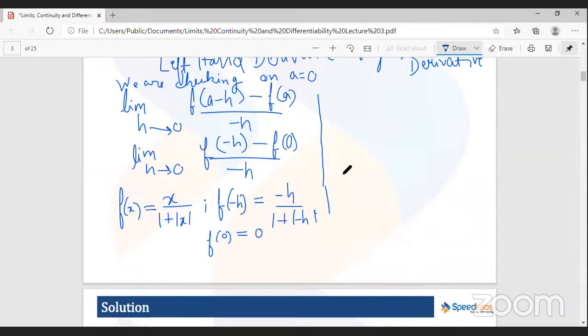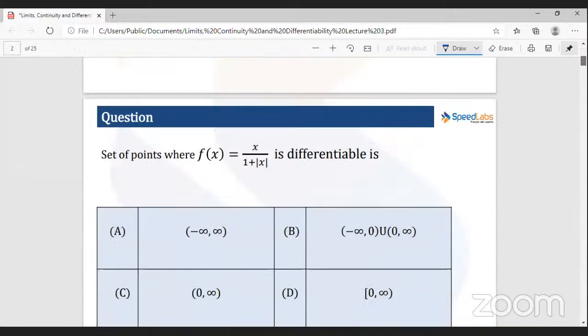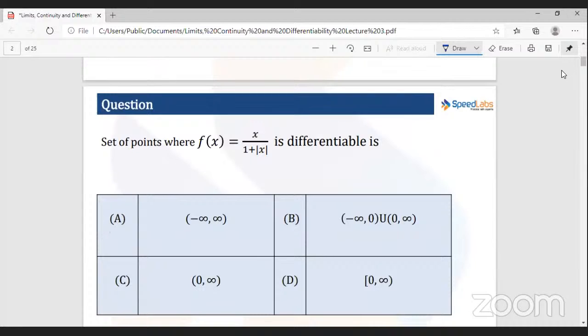So now let's put these f of minus h and f0 in the left hand derivative. It becomes limit h tending towards 0. Kritika, this was the question: set of points where fx equal to x upon 1 plus mod x is differentiable.